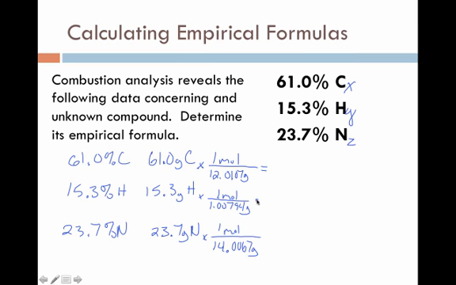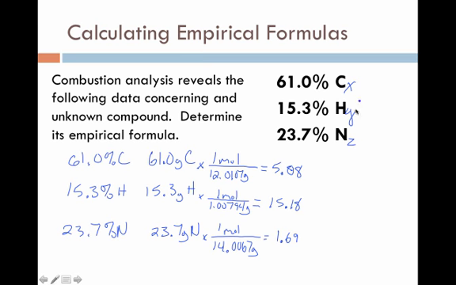Plug all this into your calculator and we'll get 3 answers. I believe from my work I got 5.08 moles for carbon, 15.18 moles for hydrogen, and 1.69 moles for nitrogen.